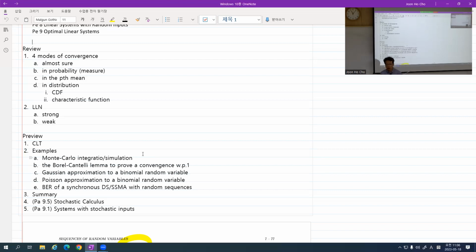Uniform convergence, which does not involve any measure that is a set function. We just handled the uniform convergence and everywhere convergence by using a set on which the sequence of functions converges to a function, right? But for the almost sure convergence, we started to involve some measure that is a set function.